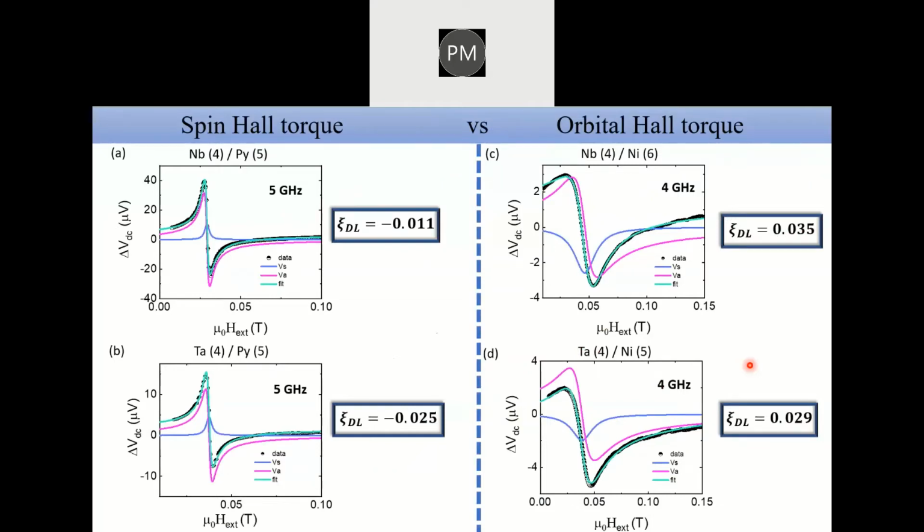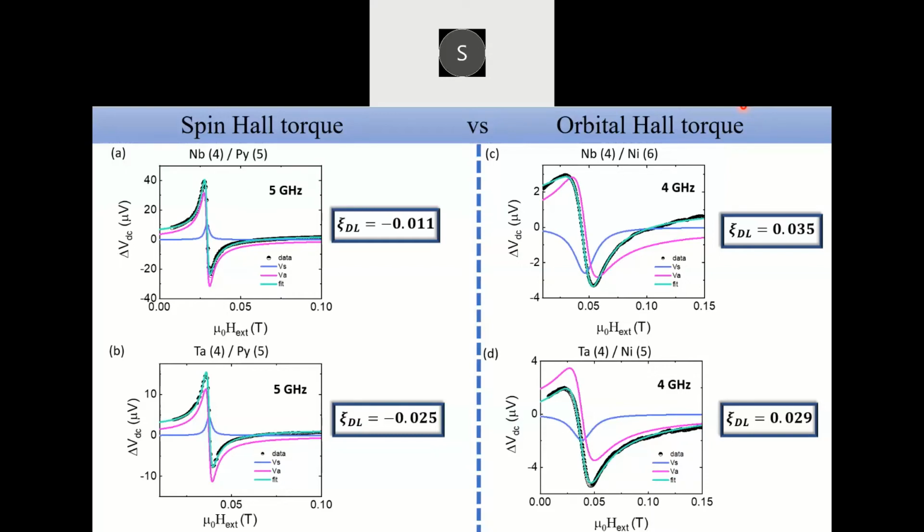Yeah, this is very interesting, because there are two reasons. One is that this orbital current has to enter the ferromagnet from the non-magnet, which depends on the orbital overlap between the non-magnet and the ferromagnet, and it is theoretically predicted that this orbital overlap is quite efficient in the case of nickel. Another reason is that nickel has high spin orbit coupling.